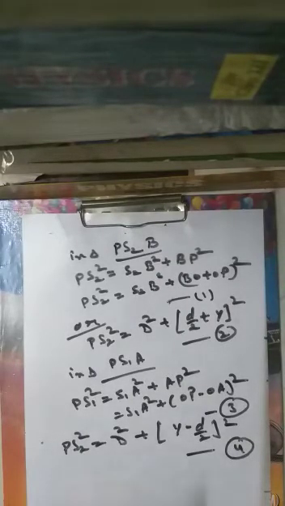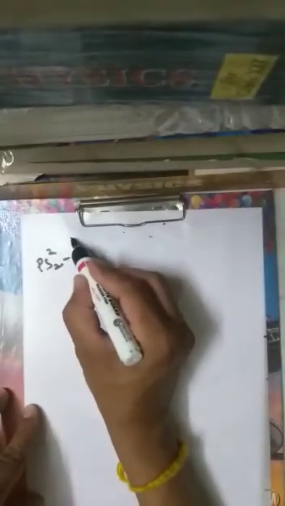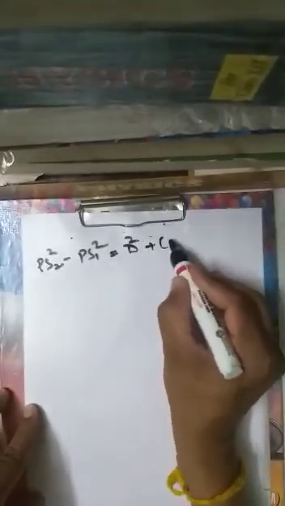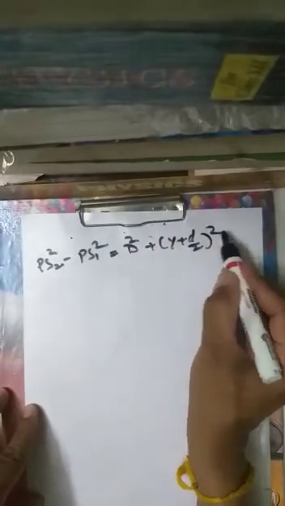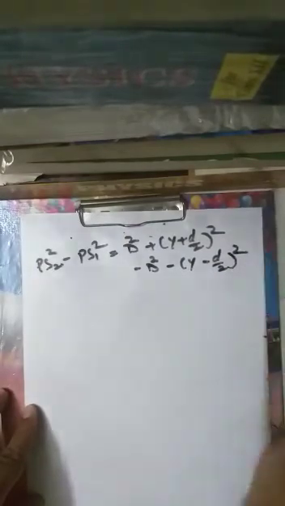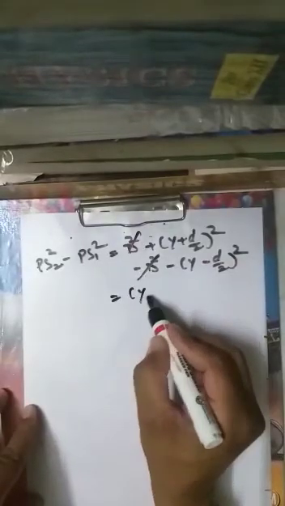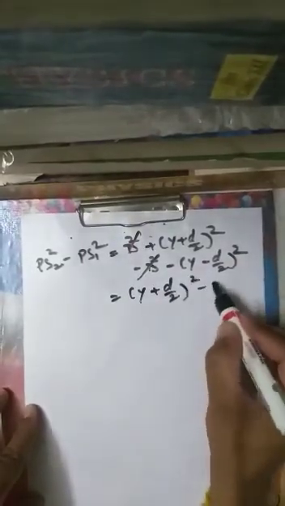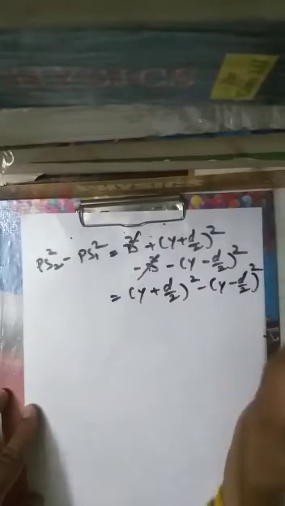Now we subtract equation 4 from 2 and we get PS2 square minus PS1 square is equal to D square plus (y plus d by 2) whole square, minus D square minus (y minus d by 2) whole square. The D square cancels.